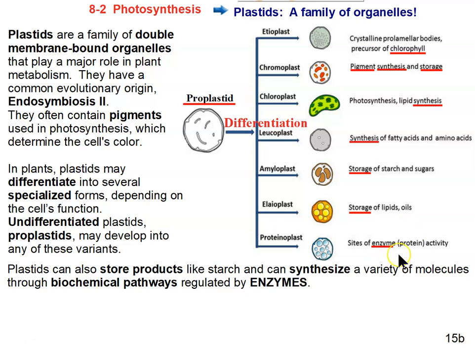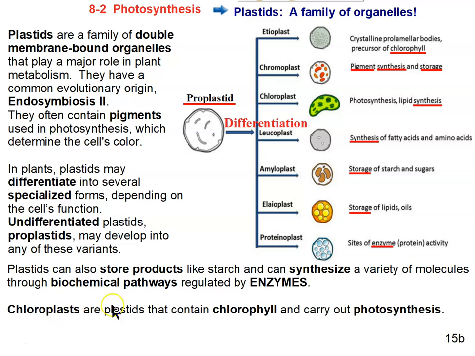Enzymes control all the biochemical pathways to produce products through synthesis. And then, of course, chloroplasts are a specialized plastid that contains chlorophyll and can carry out photosynthesis. So chloroplast, photosynthesis. That's its main function. So that's the primary plastid that you need to know about.